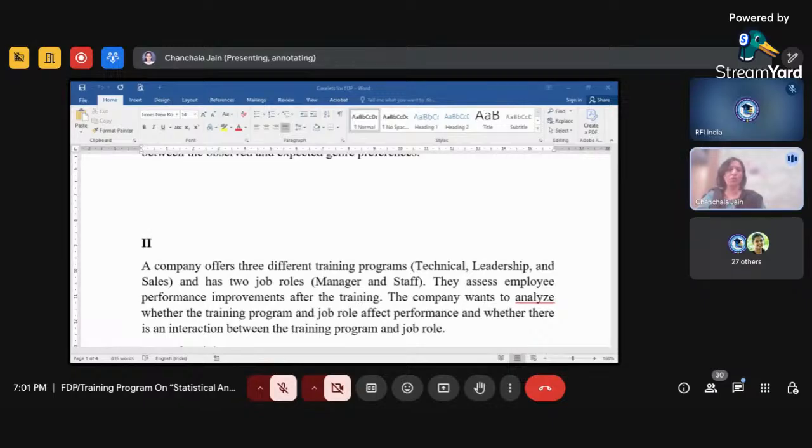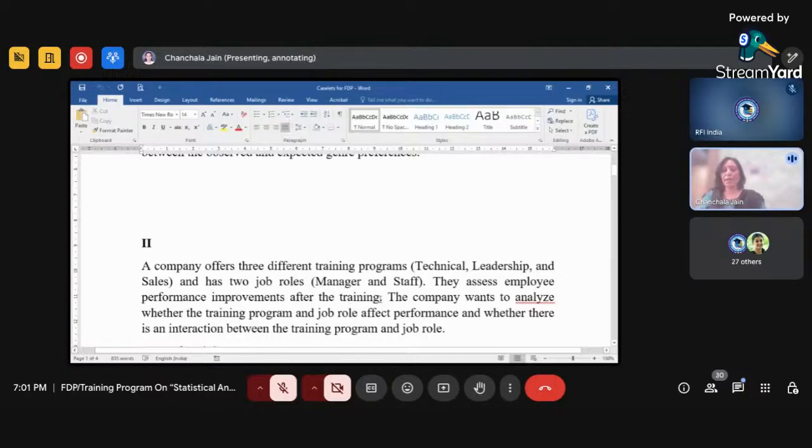We will go for the ANOVA only. Biswas ma'am, what you said? Paired t-test. Why so? Because maybe there are two variables with two levels. There are three variables. See, a company offers three different training programs: technical, leadership, and sales, and has two job roles, manager and staff, right? They assess employee performance improvements after the training.